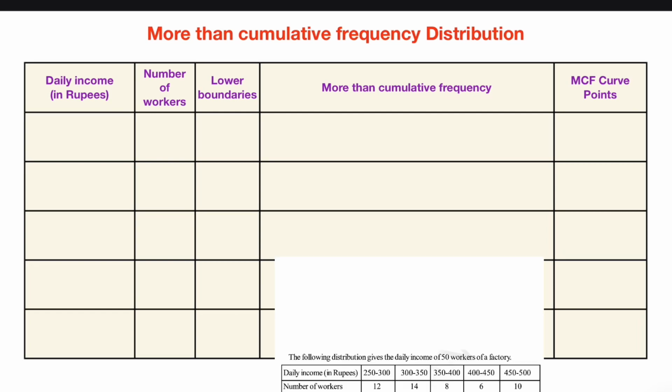First class interval 250 to 300. Corresponding frequency is 12. Lower boundary of this class interval 250 to 300 is 250. Greater than cumulative frequency means number of observations more than or equal to the lower boundary.